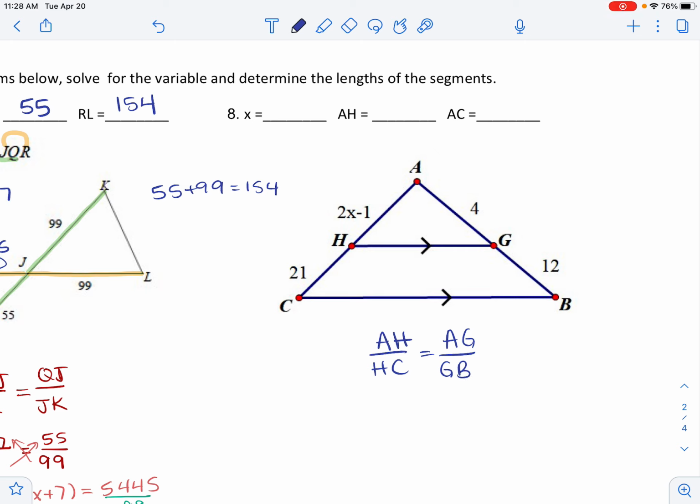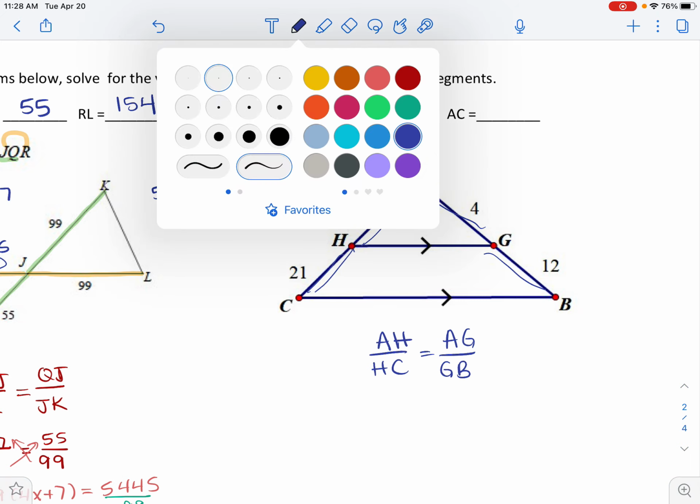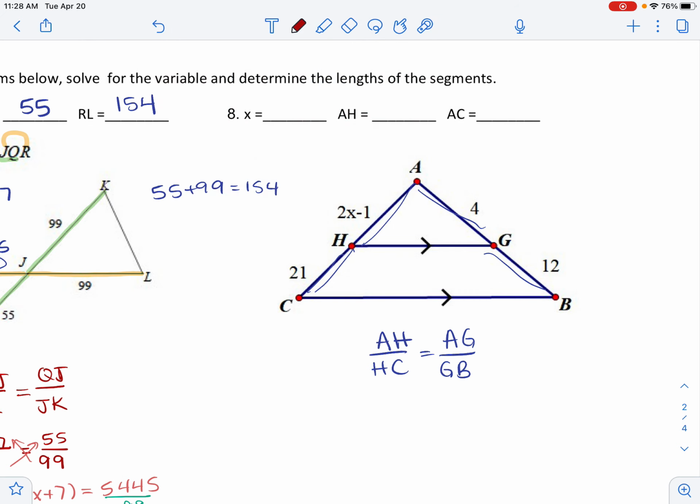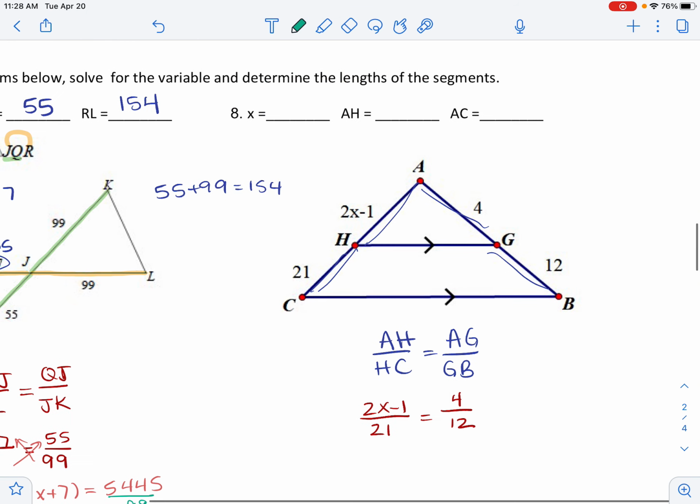And I'm just doing those small pieces over the leftover pieces. All right, I'm going to plug in what I know here. So AH is 2x minus 1. HC is 21. AG is 4. And GB is 12. And we're going to go ahead and cross multiply.